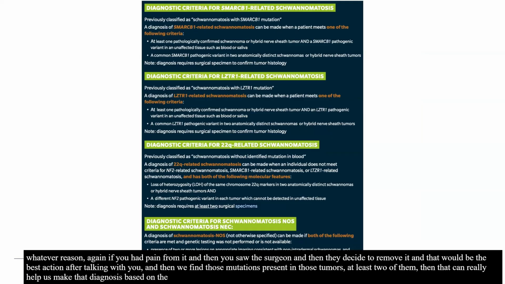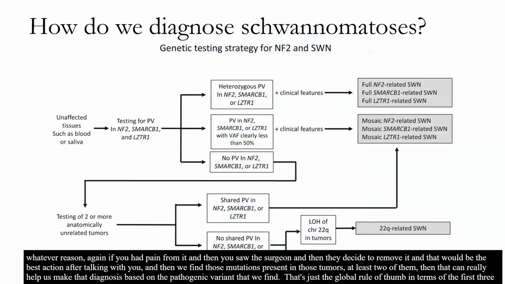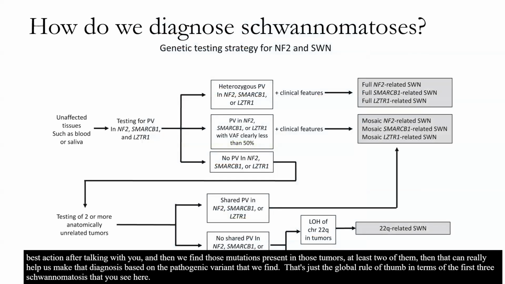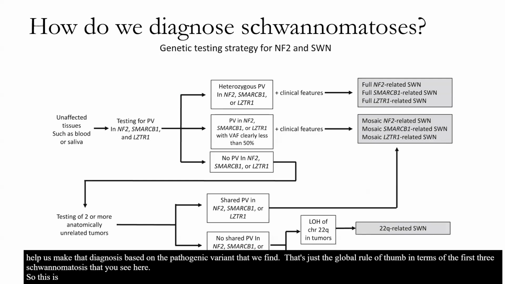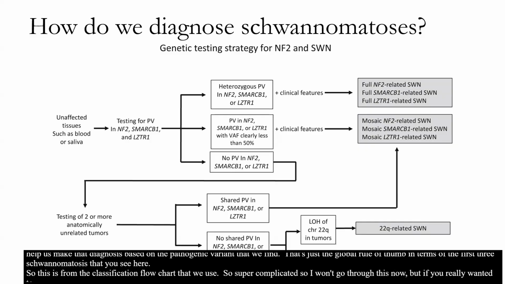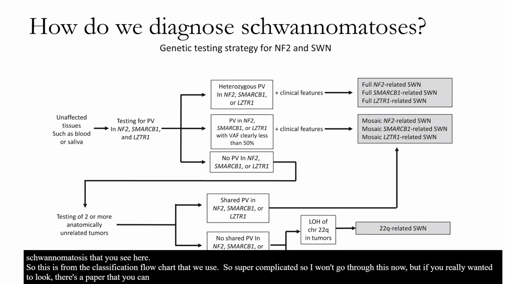So that's just a global rule of thumb in terms of the first three schwannomatoses that you see here. This is from the latest classification flow chart that we use. It's super complicated, so I won't go through this now, but if you really wanted to look, there's a paper that you can reference and walk through how we really do this.